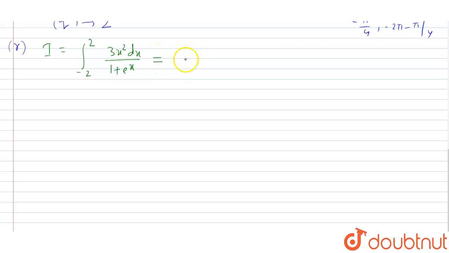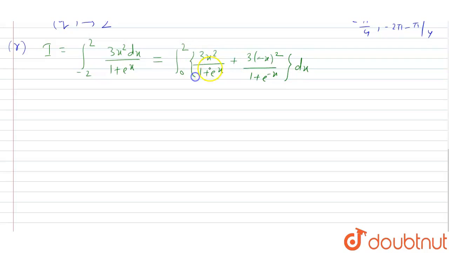So to solve this question, using the property, we can say the integral from 0 to 2 of f(x) plus f(minus x), that is 3x square upon 1 plus e raised to power x plus 3 into (minus x) whole square upon 1 plus e raised to power minus x, dx.